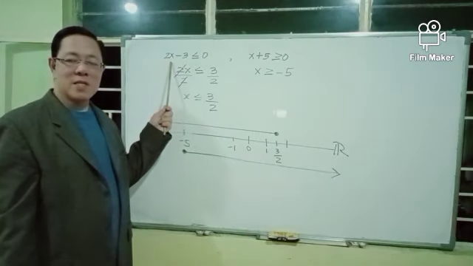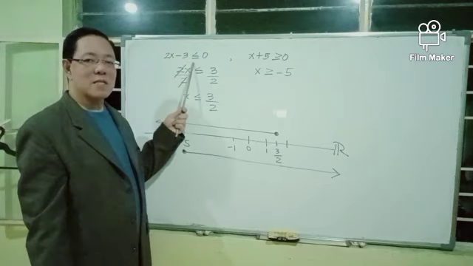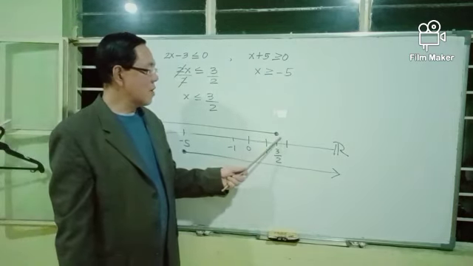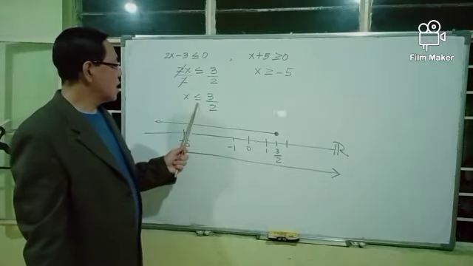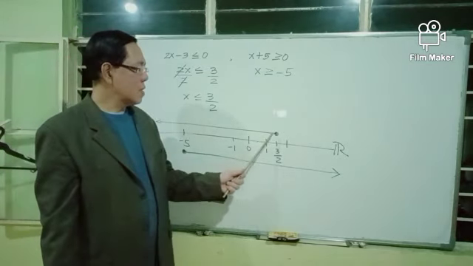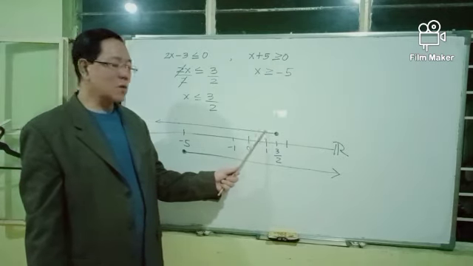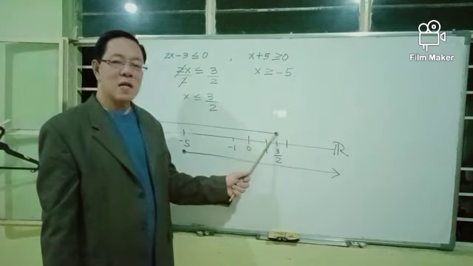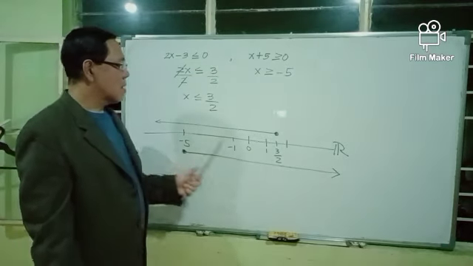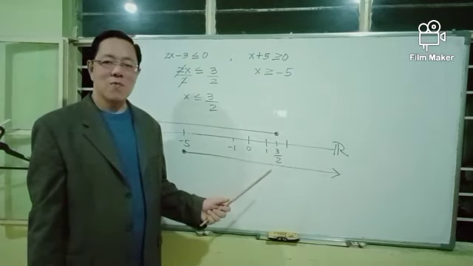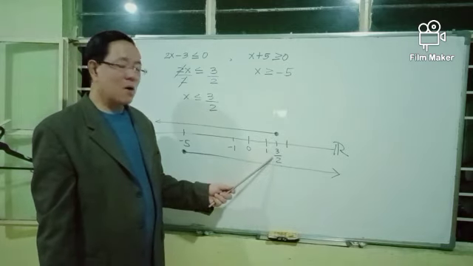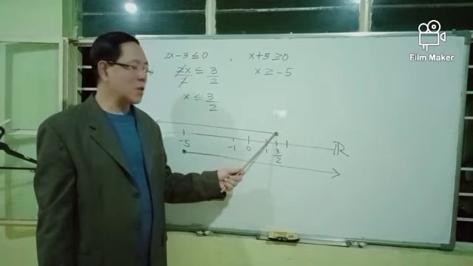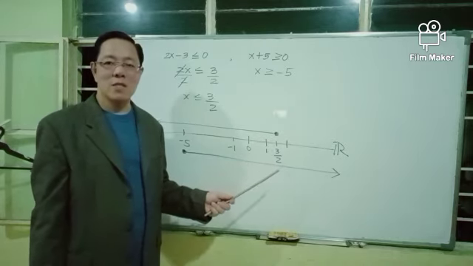And the solution of this linear inequality 2x minus 3 less than or equal to 0 are those real numbers from 3 over 2 and less than 3 over 2, represented by this arrow going to the left up to negative infinity, because all the real numbers to the left of 3 over 2 are less than 3 over 2. And 3 over 2 is also a solution. That is why we use a small shaded circle to indicate that 3 over 2 is a solution.